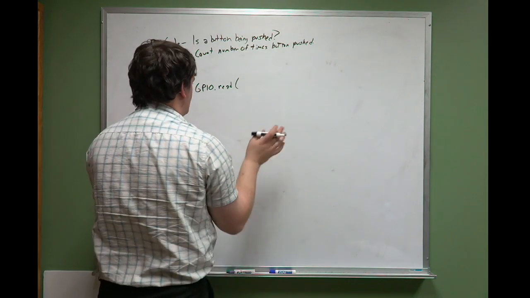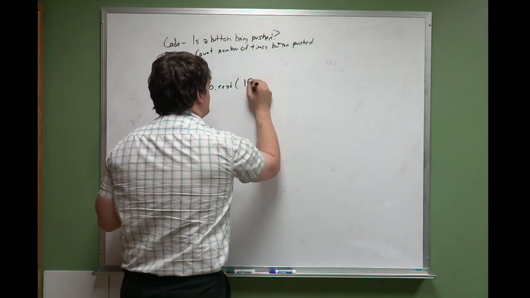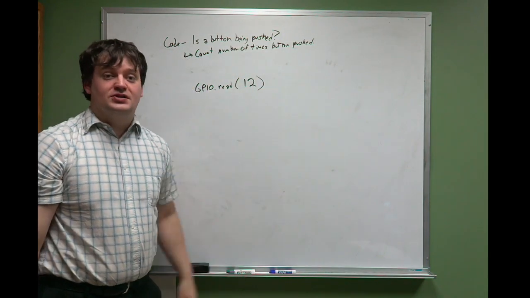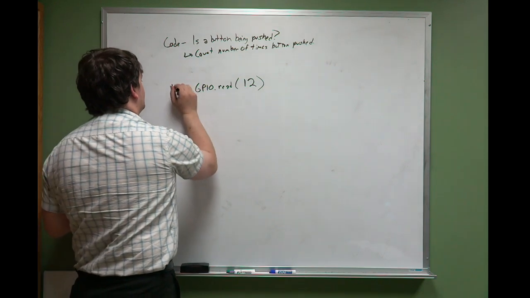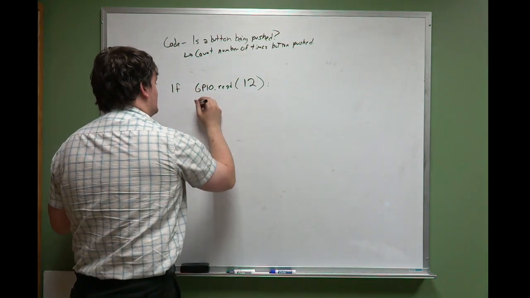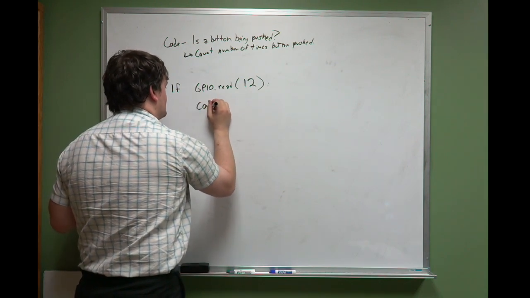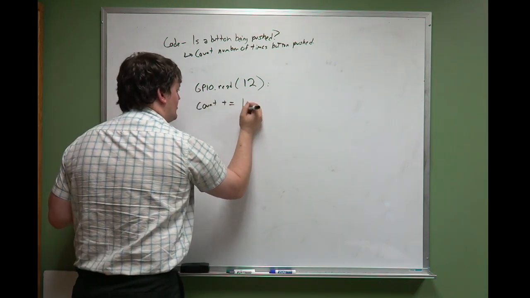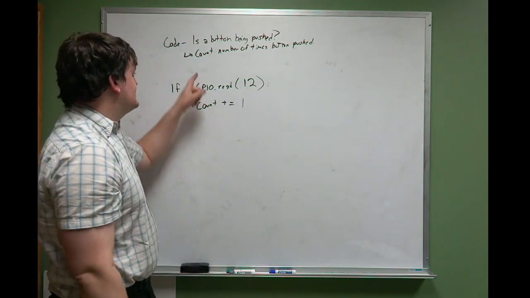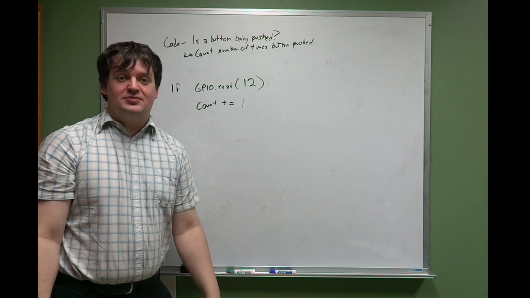Don't quote me on it. Pin 12, and this will either come back true or false. And if it comes back true, then our count is going to increase by 1. There we go, right? This is going to count the number of times the button is being pushed.